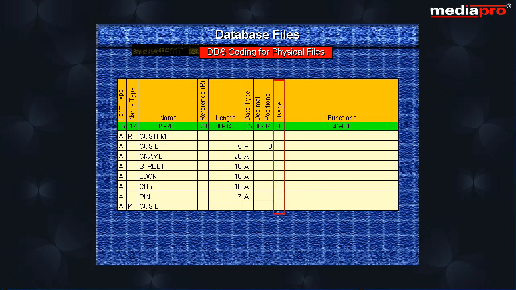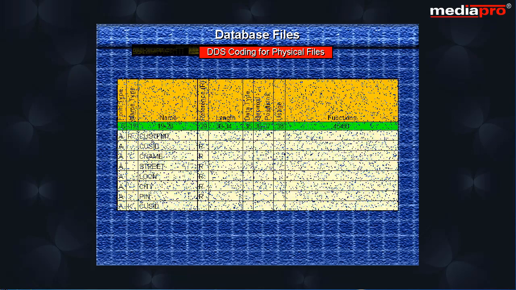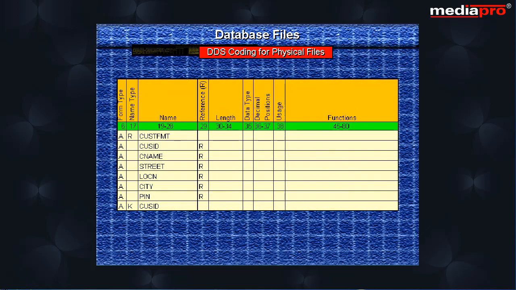Column 38 is used to indicate the valid operations that can be performed on the field. For physical files, we can use B to indicate both or leave it blank, as both input and output operations are always valid for physical files. In case definitions for a field already exist in a previously defined file, we can avoid having to define it again by specifying an R in column 29.